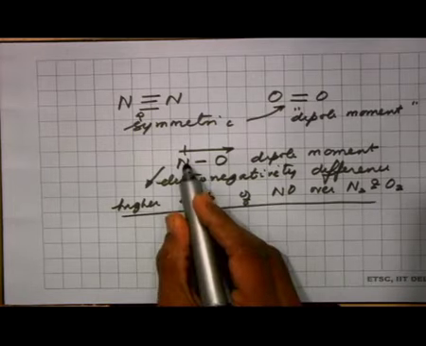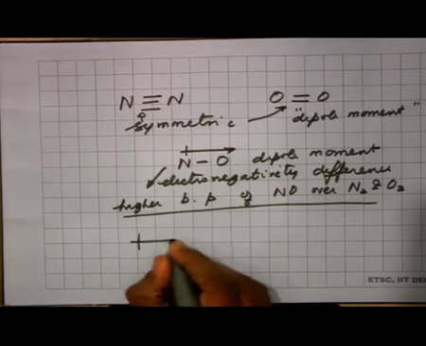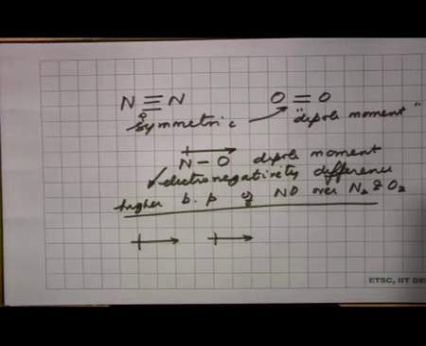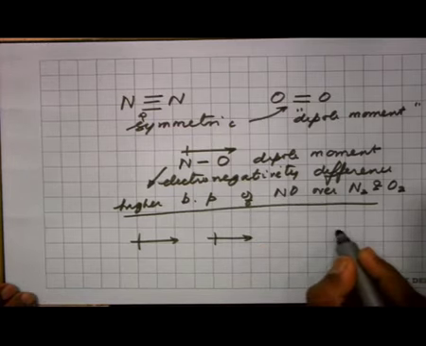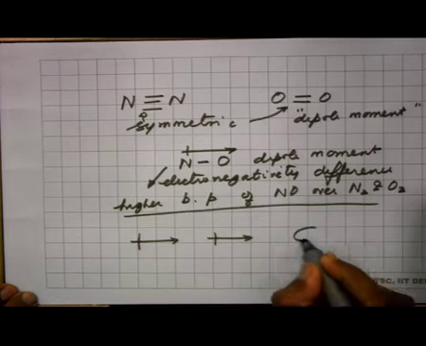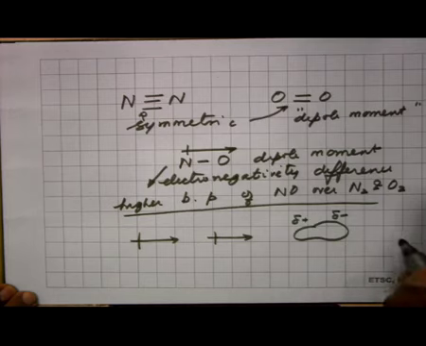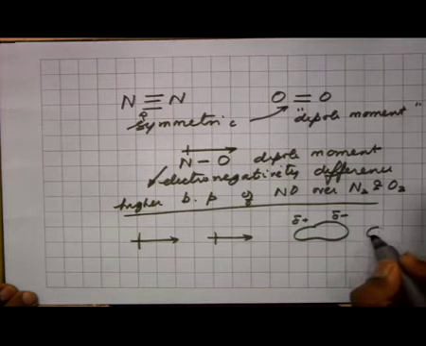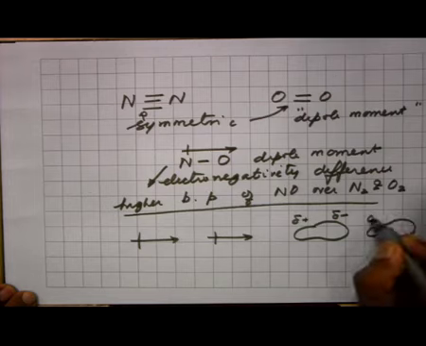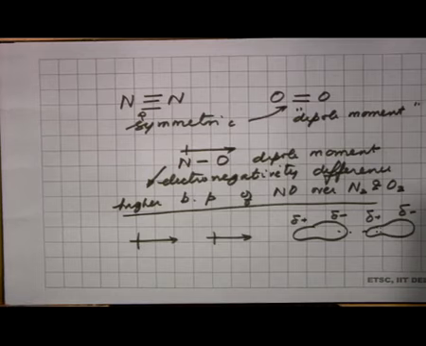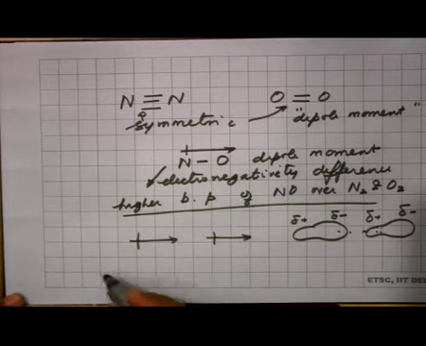So, presumably there is an interaction between a dipole like this and another dipole like this. If you draw it in terms of the electron density, I would have some situation like this, delta minus, delta plus, would interact with another molecule which is delta plus, delta minus, and there is an interaction here. And this interaction we know from electrostatics, which you must have studied or will soon study.